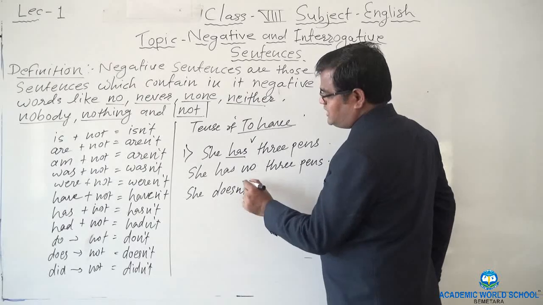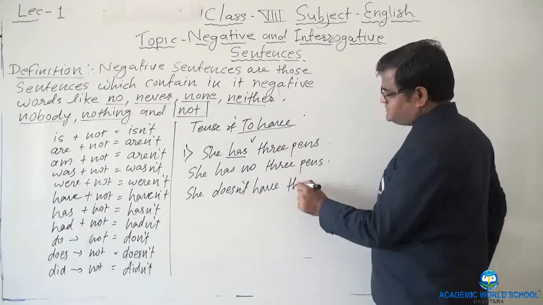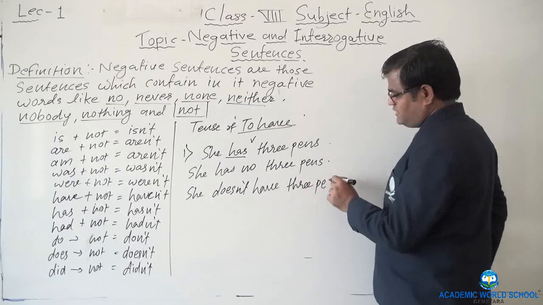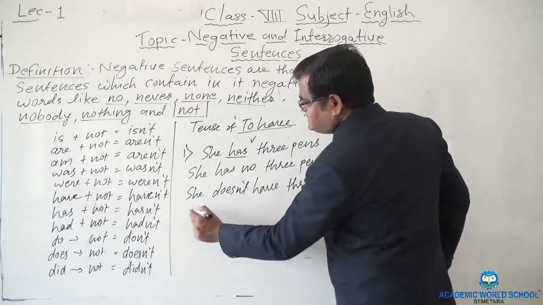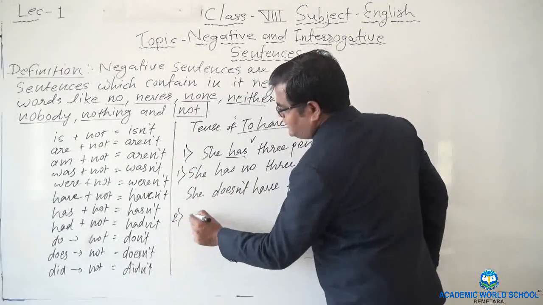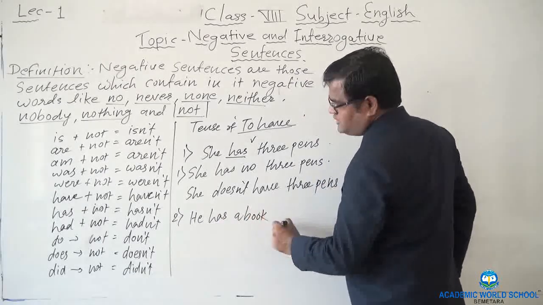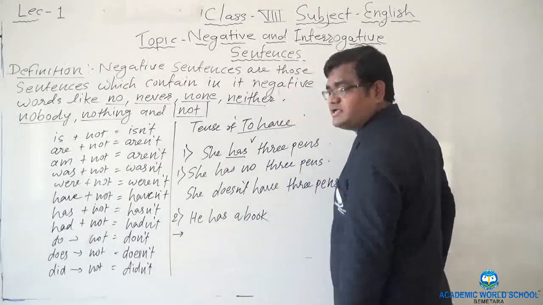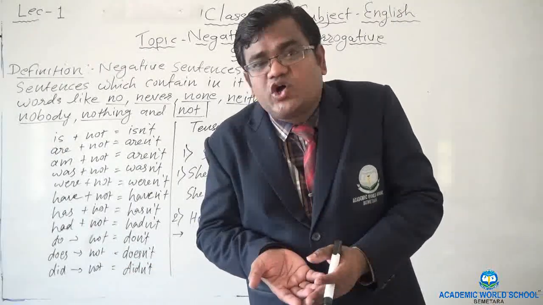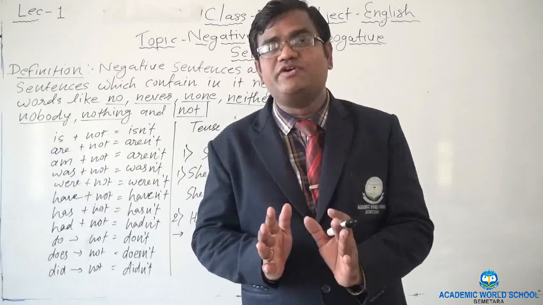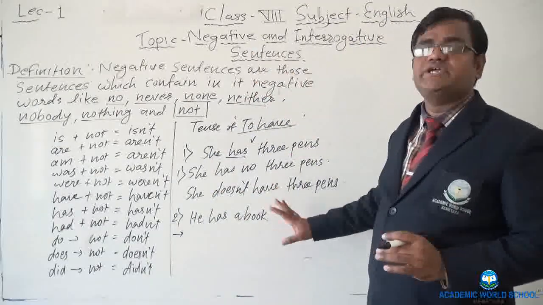We will not make has then 3 pens. For example, he has a book. Then here we can say he has no book. Can we say he has not book? No, that is absolutely wrong. So this way you can make any sentence negative.